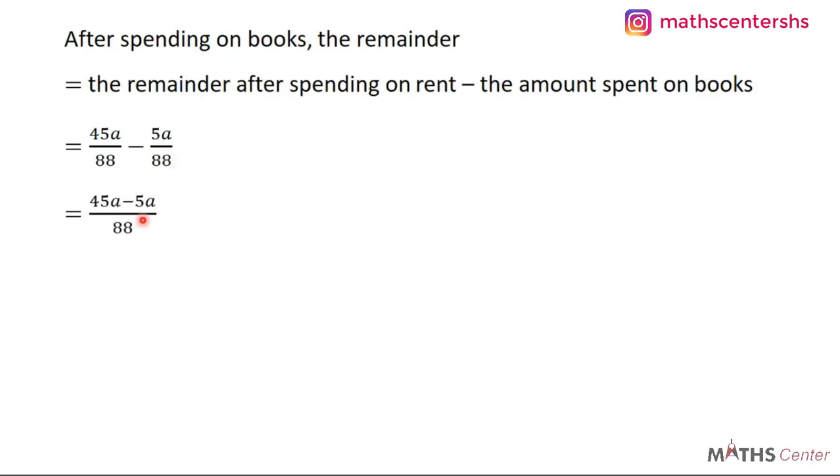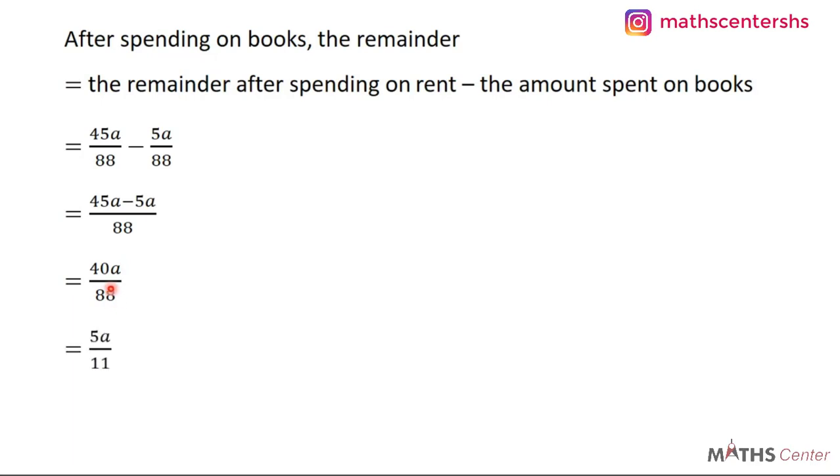The LCM of 88 and 88 is already 88. So 88 divided by 88 gives 1, times 45a gives 45a, minus 88 divided by 88 gives 1, times 5a gives 5a. So we have 45a minus 5a, which gives 40a divided by 88.